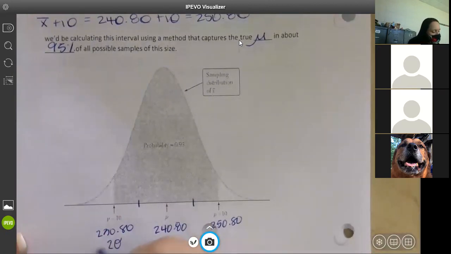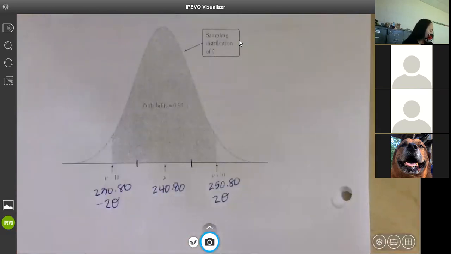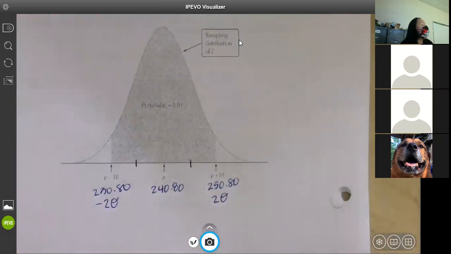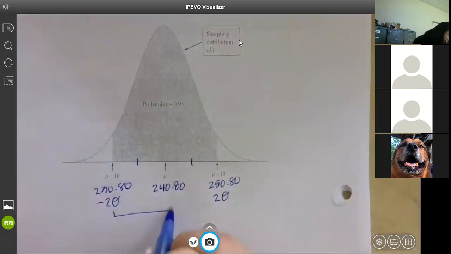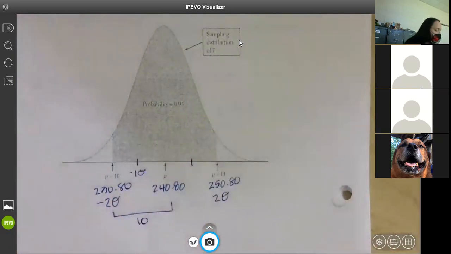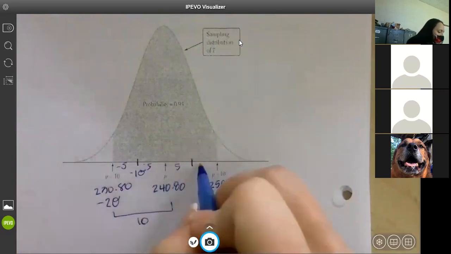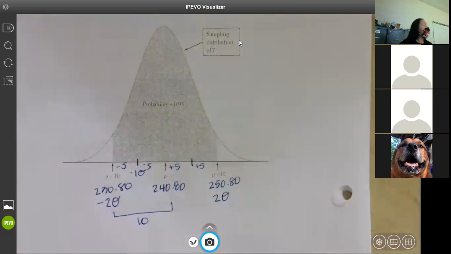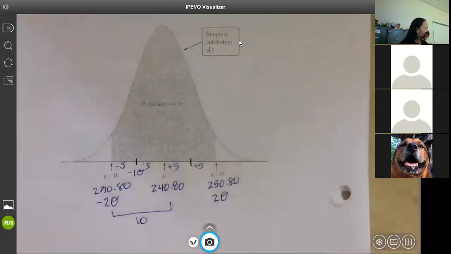This would be 2 standard deviations below. This would be 2 standard deviations above. Where did that 10 come from? Remember each one, if all of this is 10, this is minus 1 standard deviation. Each one of these would be 5. Does everybody see that? So it's just showing you that 2 standard deviations was 10 and where that came from.